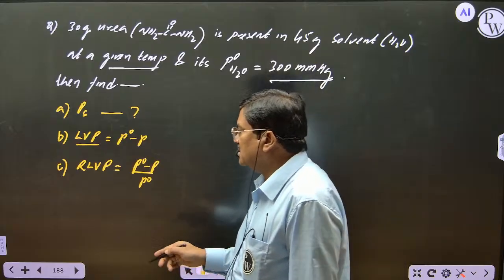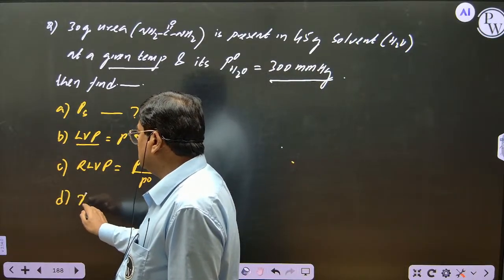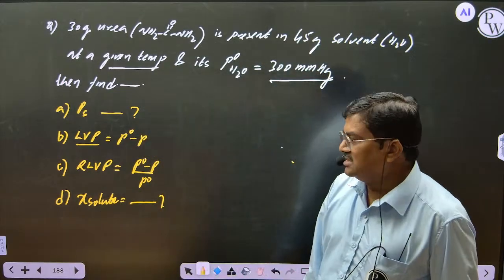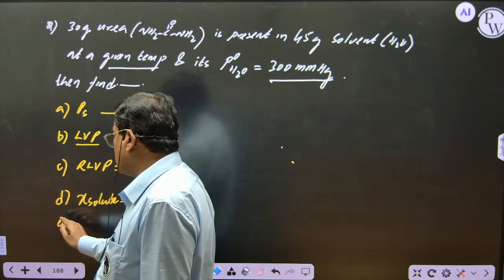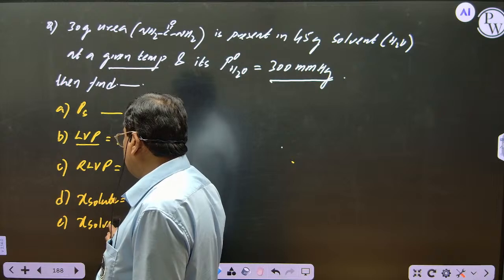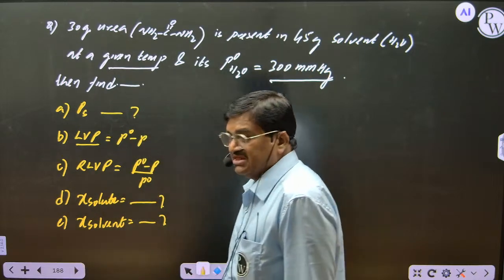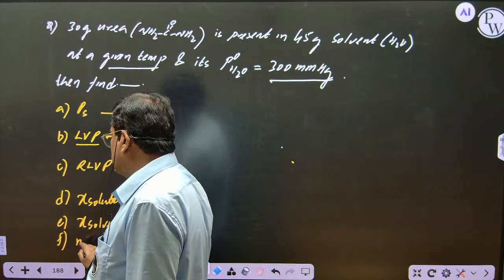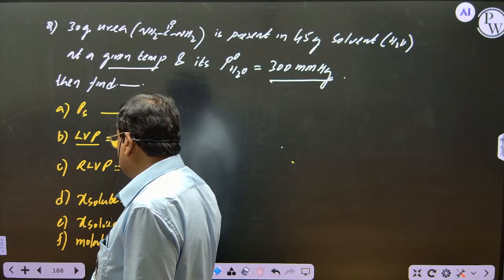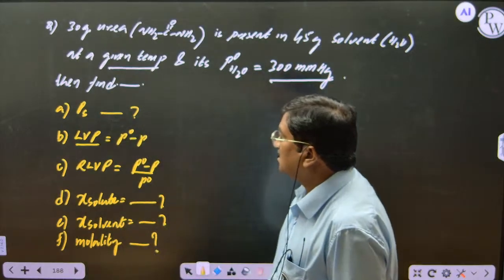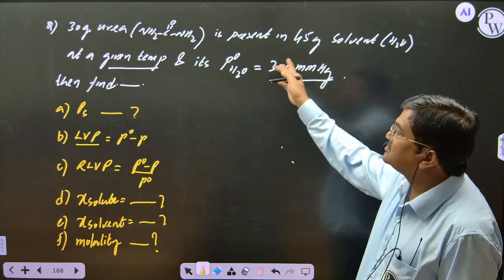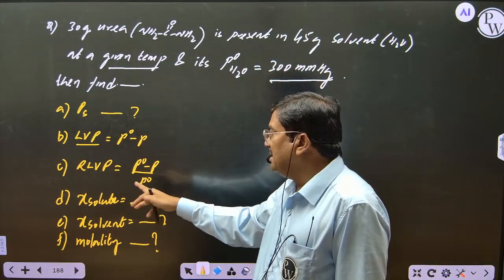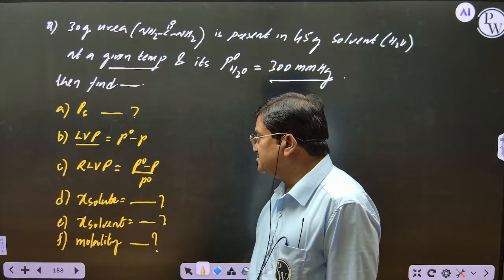The fourth part, I want the mole fraction of solute. The fifth part, I want the mole fraction of solvent. The sixth part, I want molality. Important in exam. Molality, you remember in the introduction we studied, number of moles present in 1 kg of solvent. Now 6 parts I want from this question. Think over how you find PS, LVP, RLVP, mole fraction of solute, mole fraction of solvent, molality.